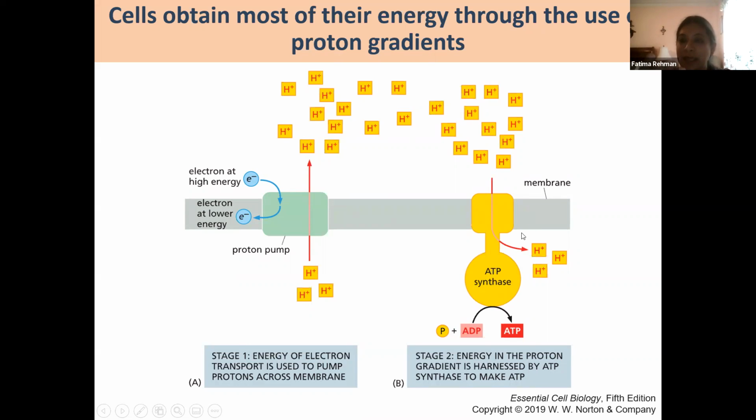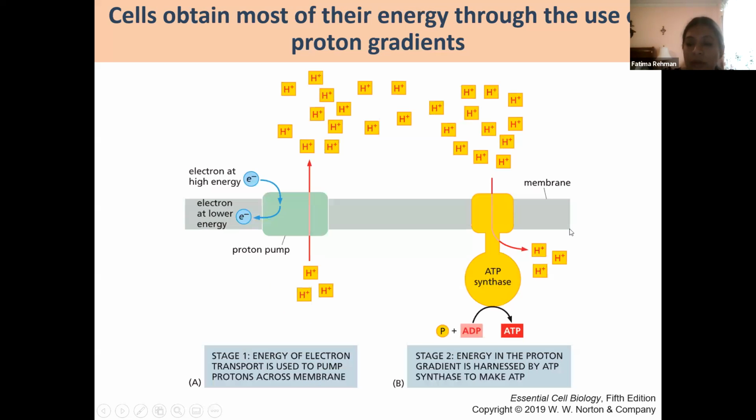The ATP synthase is a complex of proteins that forms a membrane protein molecule that rotates. And as these protons are taken in, the energy from them allows for phosphorylation of ADP to create the ATP molecule that we then use for energy consumption. So in the second stage, you take those protons and use them to create ATP.